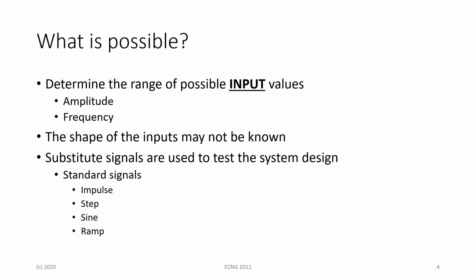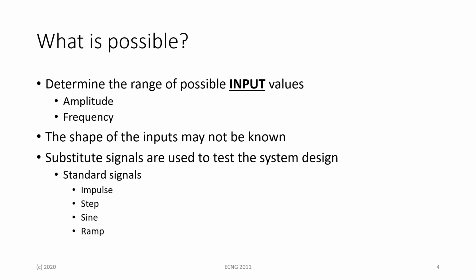We can determine that range beforehand for what we are expecting and what we may not expect as well. So we can say, okay, we want to accept signals with an amplitude higher than a certain value or lower than a certain value or within a certain range, as well as signals with a frequency higher than a certain frequency, lower than a certain frequency, and within a certain range of frequencies and so forth.